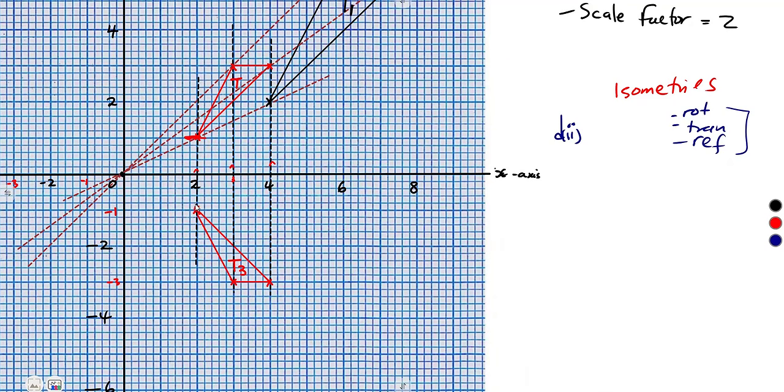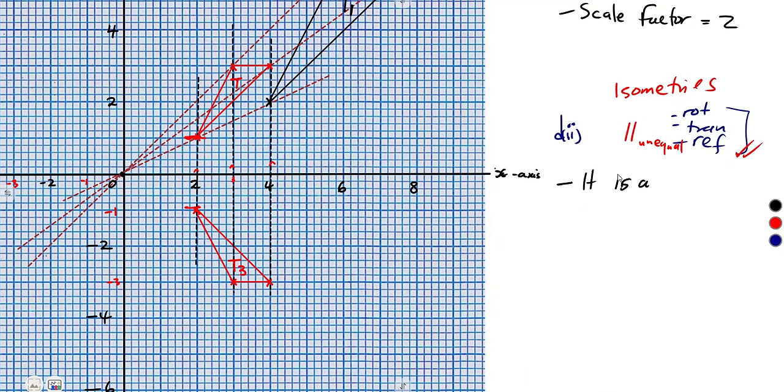Look at the distance from here to here, and this distance here, they are not the same. So from that, where we've got parallel lines of unequal length, it is a reflection which suits that one from the isometries.